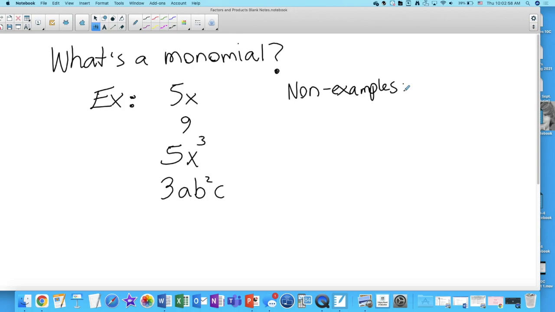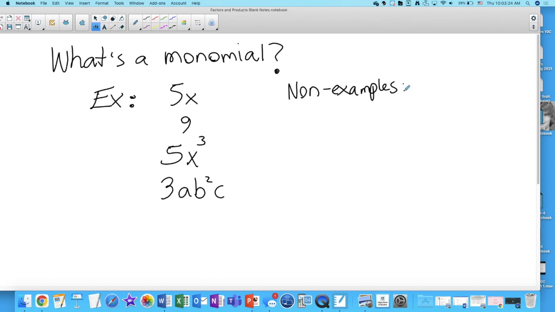Well, it's separated by a sign, but you can simplify it too, right? So something like 2x plus 3x is actually a monomial because it's equal to 5x when simplified, okay? Here's something that is not a monomial, and if you put this into a polynomial, it would not be a polynomial either. Something like this.